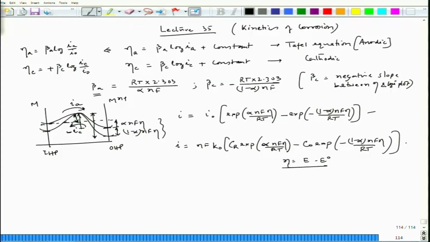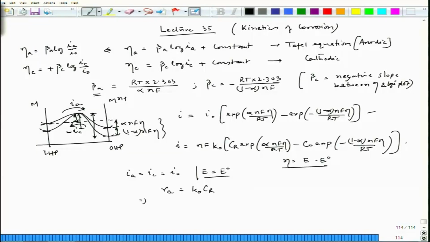Now, if we consider the condition I A equal to I C equal to I0, and at that time E equal to E0, in that case R A equal to K A times C of R, the concentration of R, and since E equals E0, we consider it to be K0.